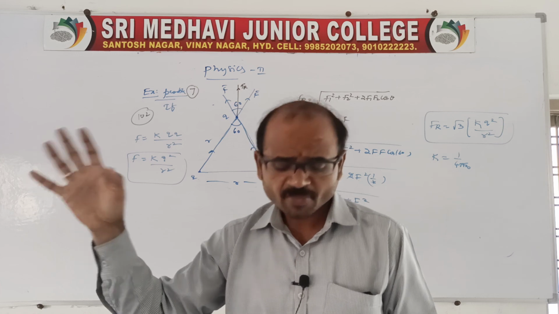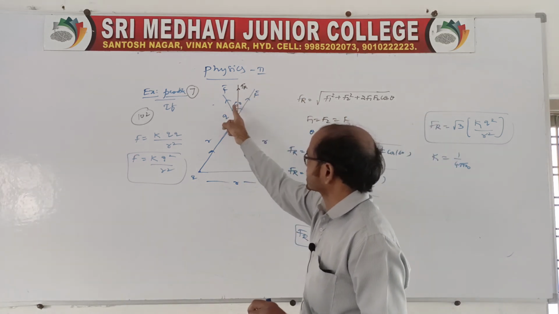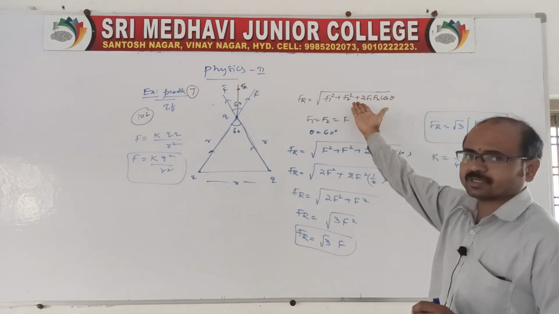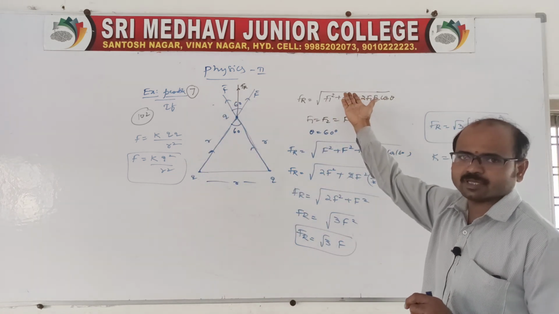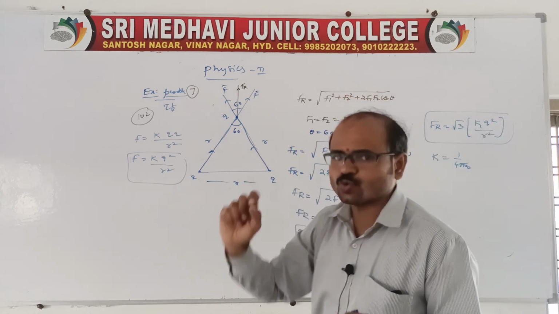But in this question these two forces are acting simultaneously at an angle of 60 degrees, no? That's why we use this principle. It is the parallelogram law: the resultant is equal to root over P square plus Q square plus 2PQ cos theta.